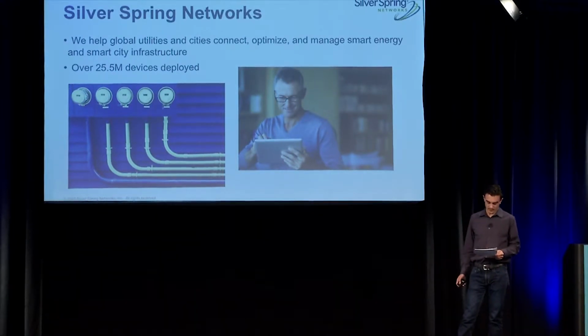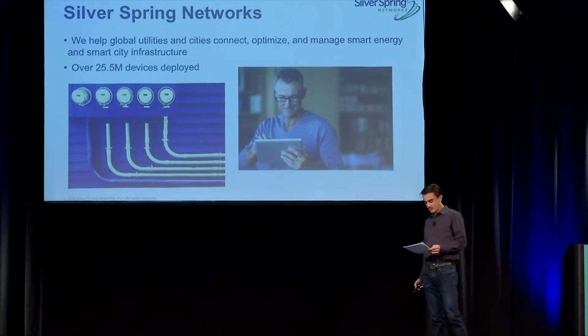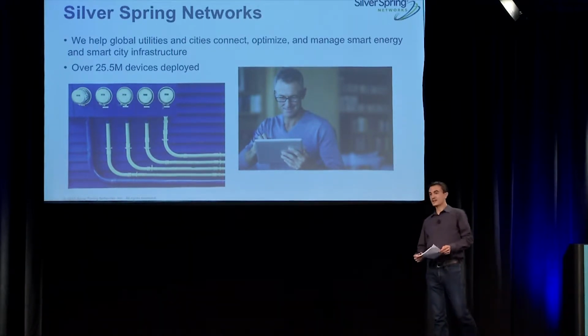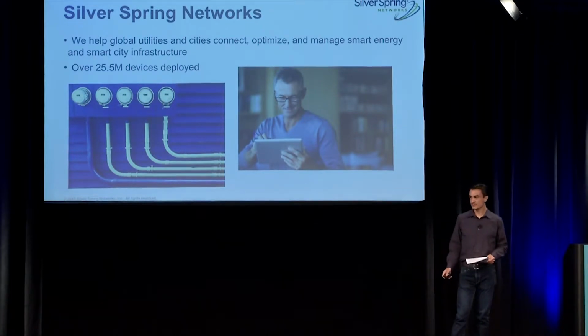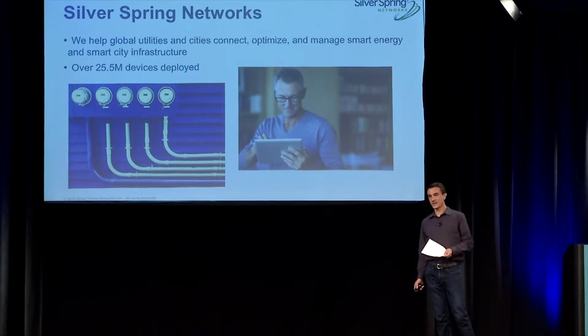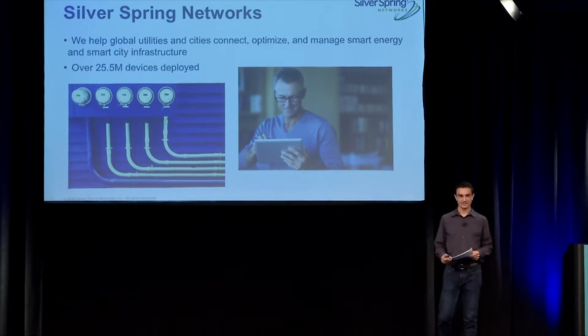We've currently got more than 25.5 million network endpoints deployed on devices like smart meters and transmitting that data across mesh networks to our back office software products. While you probably don't look at your smart meter every day, if you did, you'd see Silver Spring Networks logo imprinted on it. So you may not have heard of us, but we are actually a household name.